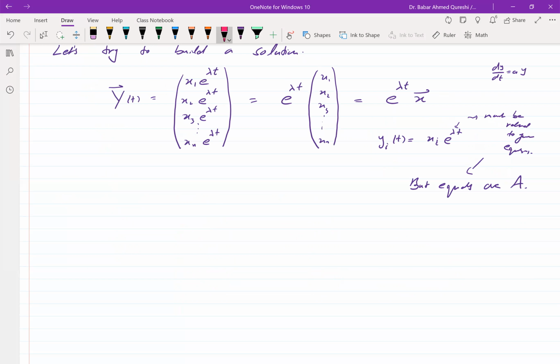So let's see what it could be, and let's see if it's a solution or not. For this to be a solution, if I take a derivative of it, this column of derivatives, because I'm assuming this form of function, when I take a derivative of each of these, I just bring down a lambda.